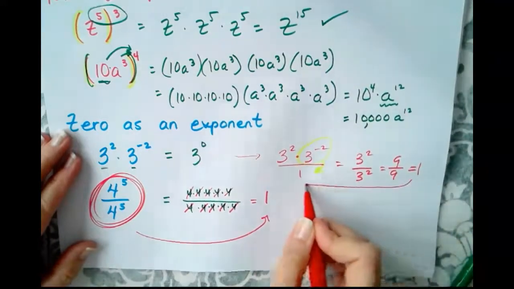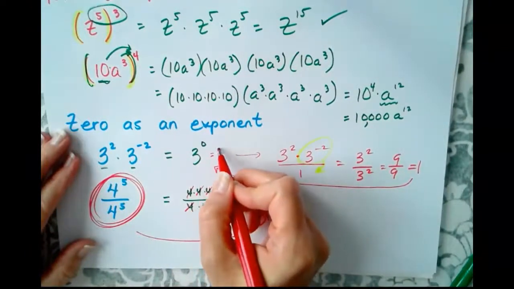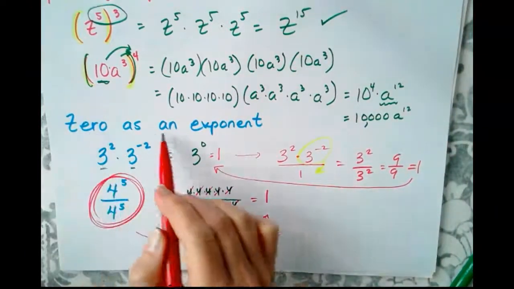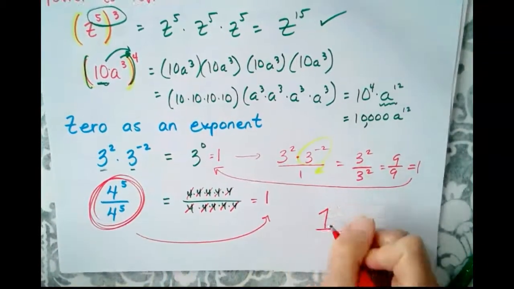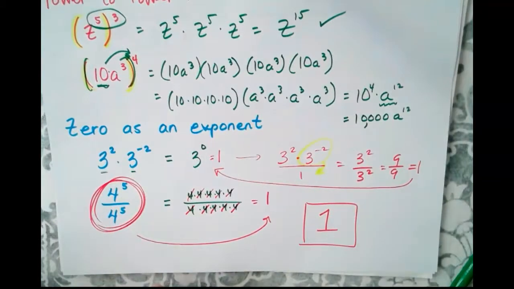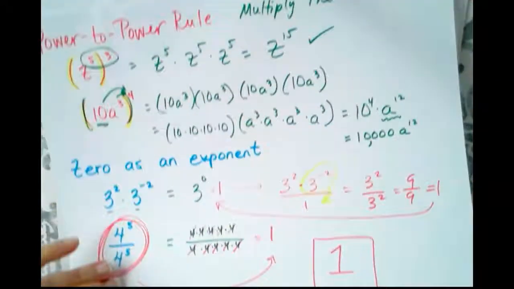So 3 to the 0 is actually equal to 1. If you have 0 as an exponent, you have a value of 1. Anything to the 0 power is going to be equal to 1.